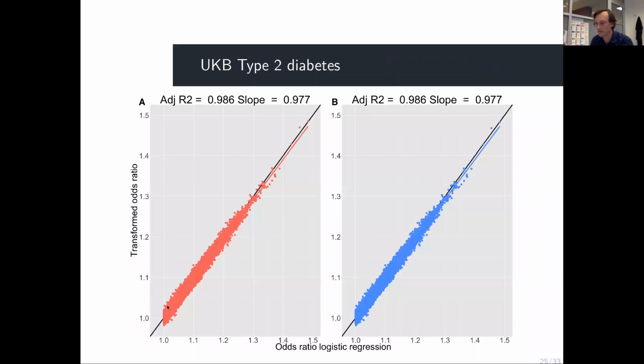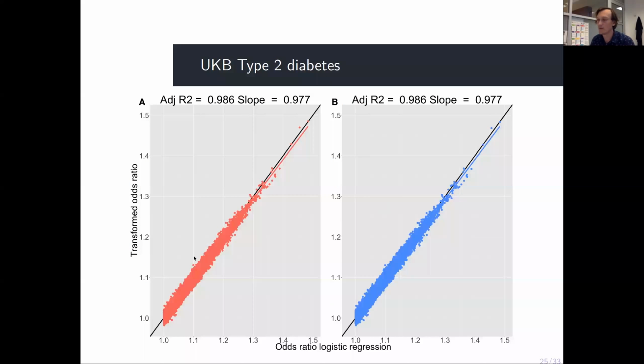On the left-hand side is the result from our method, and on the right here we see the results from Plink2. So there's essentially no difference between our method and that of Plink2. So it's up to the user as to what your preference is. Obviously we'd advocate for using our method for a variety of reasons.